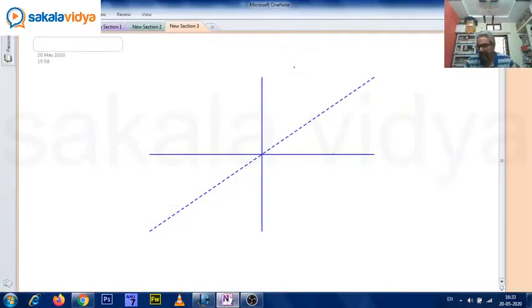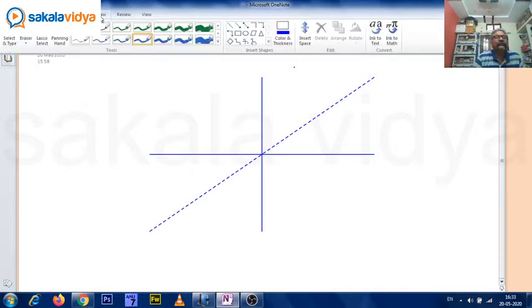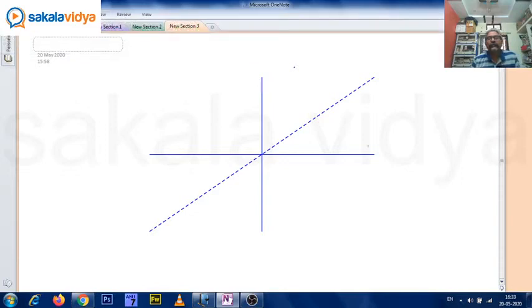See, this is the actual space. In space, for example, if you consider this as the x-axis, this is x dash, this is y, this is y dash, this is z, this is z dash.